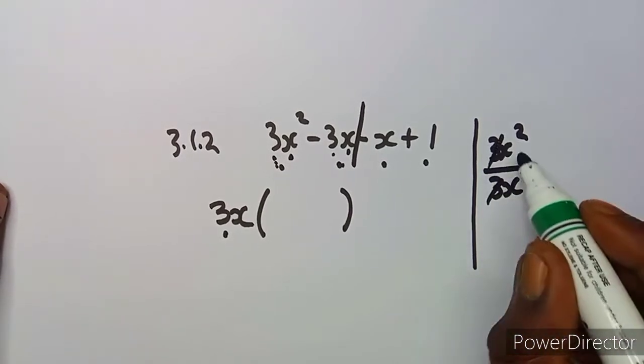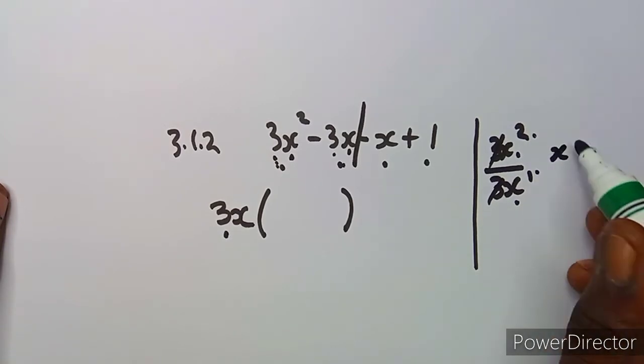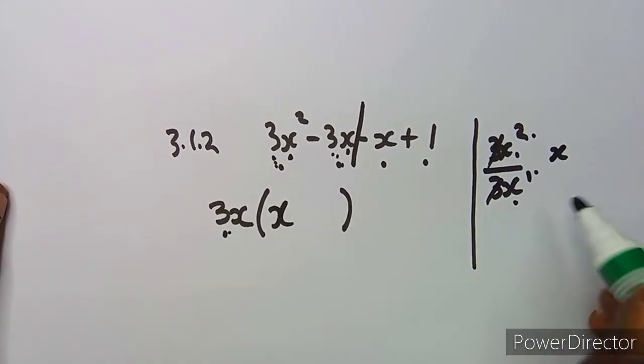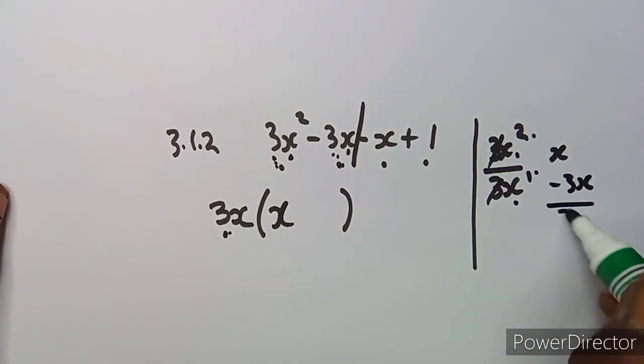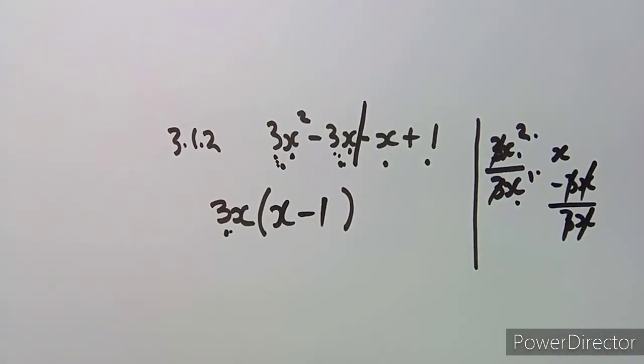So 3 and 3 will cancel. X squared divide by x, 2 minus 1, which is x to the exponent 1, which is x. Minus 3x divide by 3x. As you can see, 3 and 3 will cancel, x and x will cancel, you are left with minus 1.